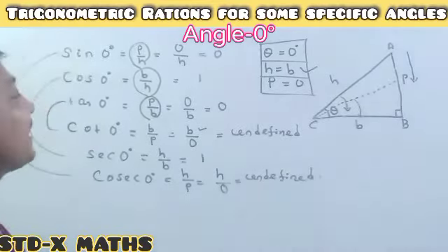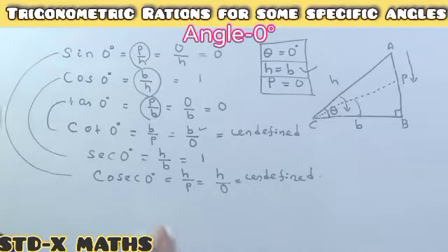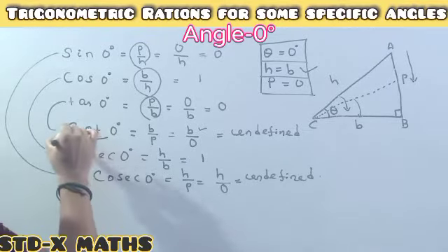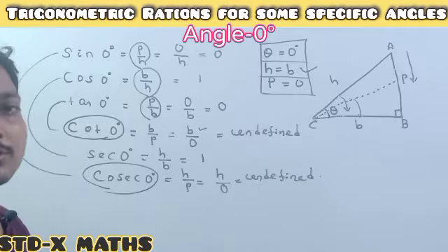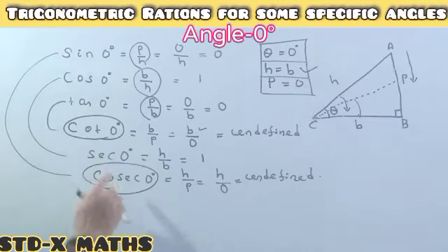So the important point you just have to remember, with respect to 0 degree, our cot will be undefined and our cosec is also undefined. Question may come, which trigonometric ratios are undefined with respect to 0 degree. With respect to 0 degree, cot and cosec both remain undefined whenever we derive the formula.